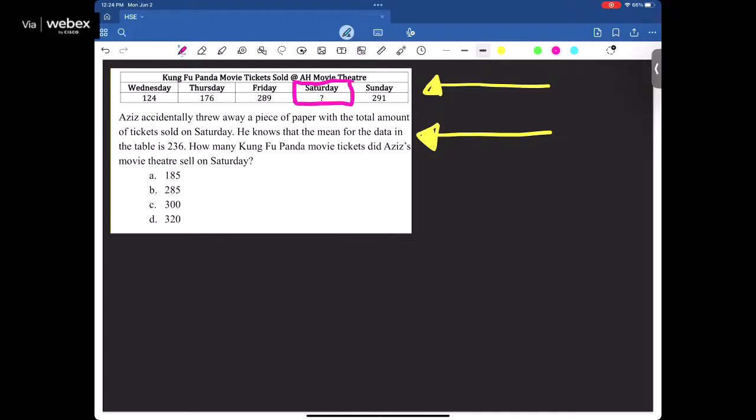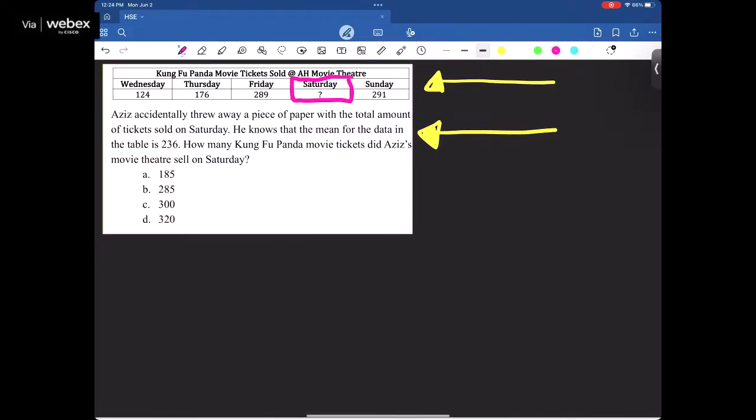Aziz accidentally threw away a piece of paper with the total amount of tickets sold on Saturday. He knows that the mean for the data in the table is 236. So we have a keyword here. We already know the mean is 236. I'm one of those people who have to box in and circle things as I go to make sure I'm understanding what I'm reading, especially in math.